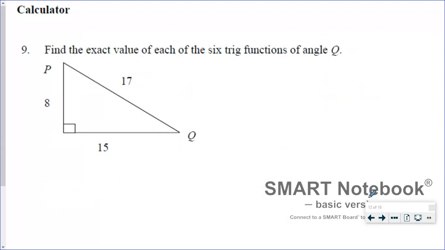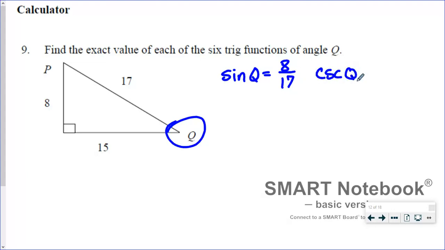All right, calculator section. Find the exact value of each of the 6 trigonometric functions of angle Q. So we're looking here. Sine of Q is equal to opposite over hypotenuse, so 8 over 17, which means cosecant of Q is going to be 17 over 8.